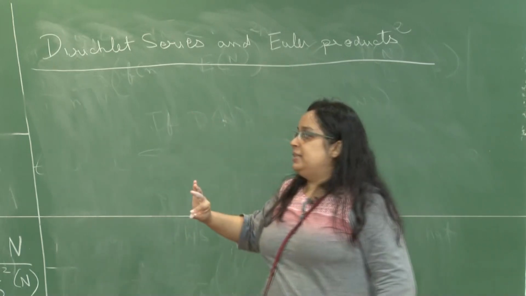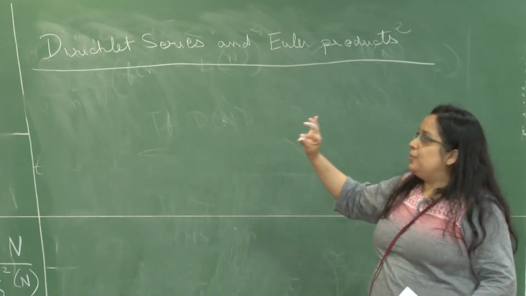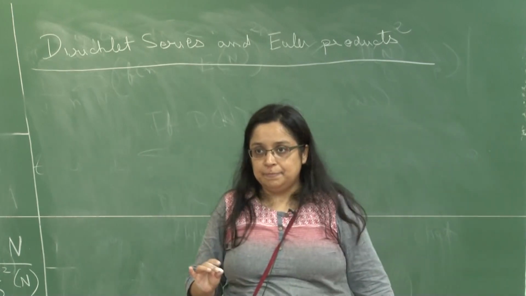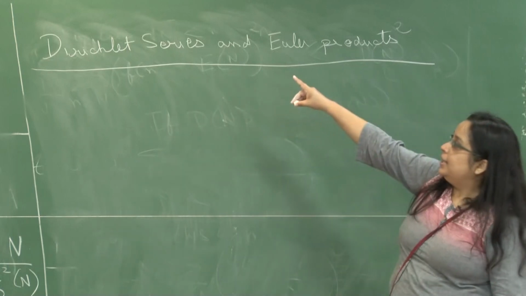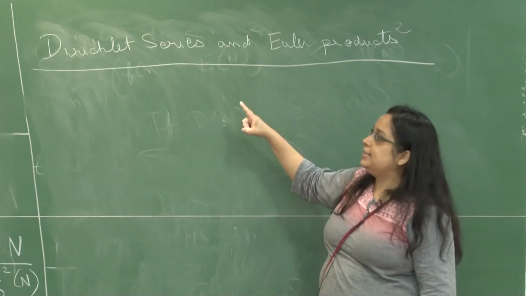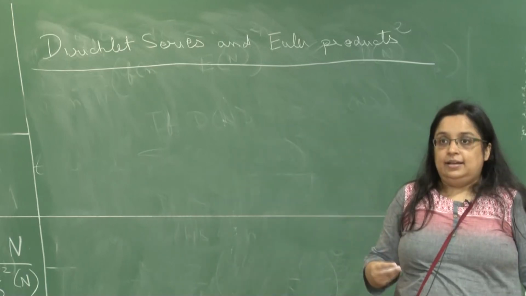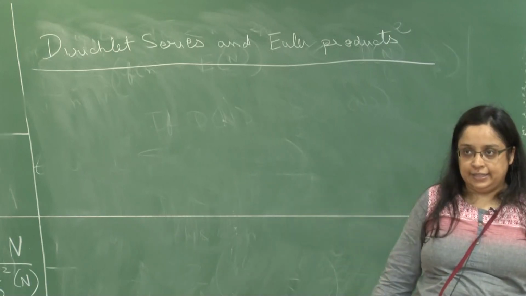In analytic number theory, the approach is different. We try to study the value distribution of arithmetic functions by looking at certain series, putting them in generating series and trying to study those generating series as analytic functions to check whether they are analytic or not.